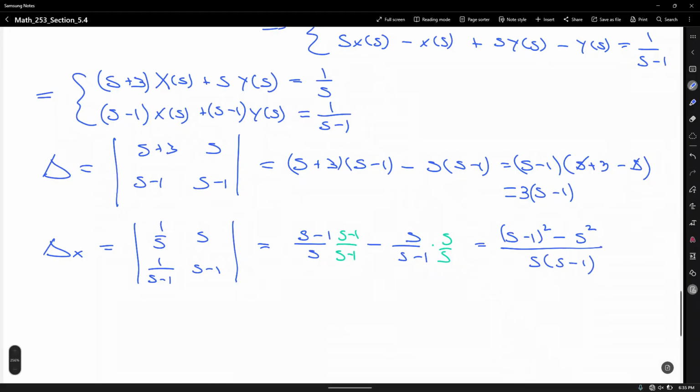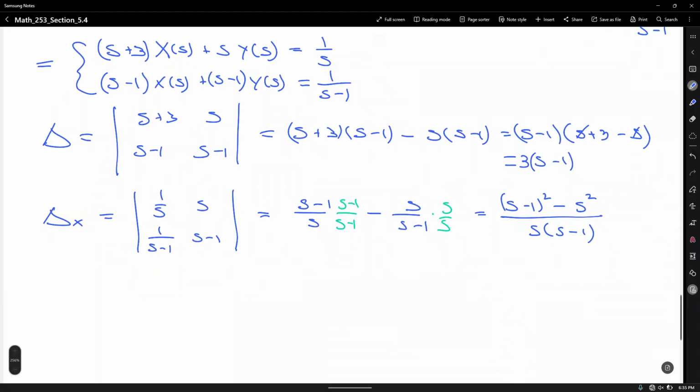Next, let me expand the binomial: s squared minus 2s plus 1 minus s squared over s times (s minus 1).